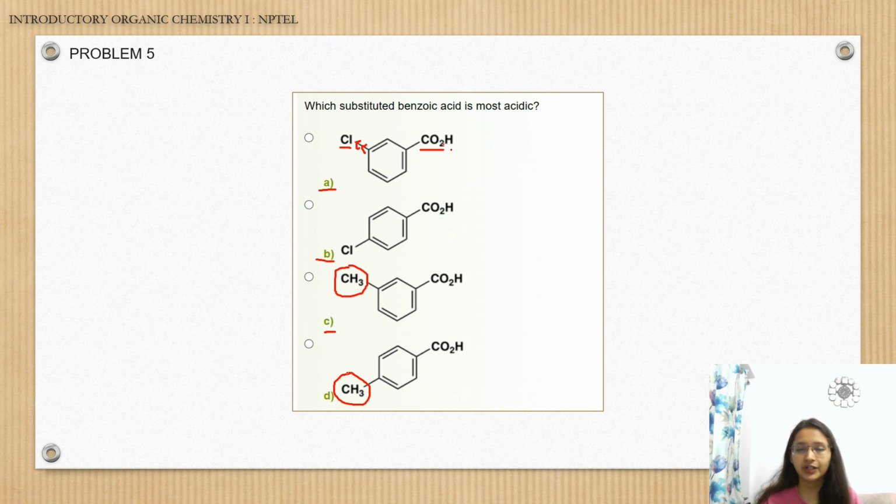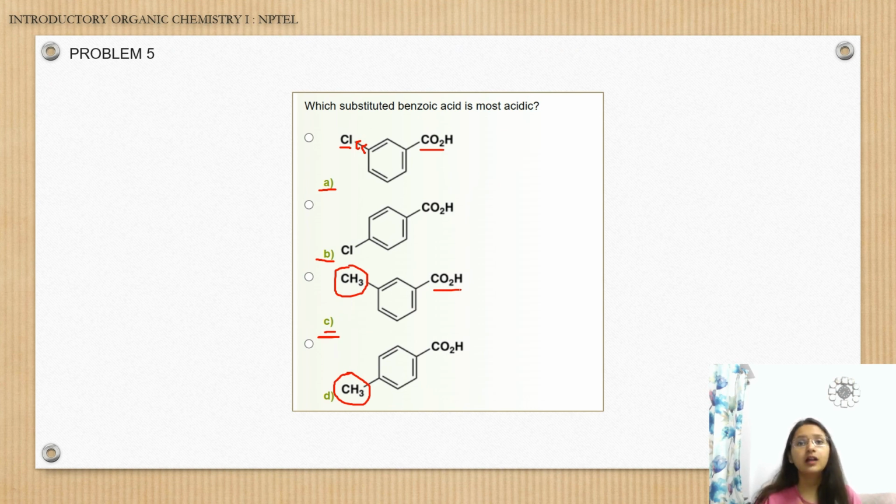So now coming back to the question here, if you look at C and D, the methyl is electron releasing. It will release electrons towards the aromatic ring, so it will make this carboxyl group less electropositive than in the case of A and B. Is it true? Yes.